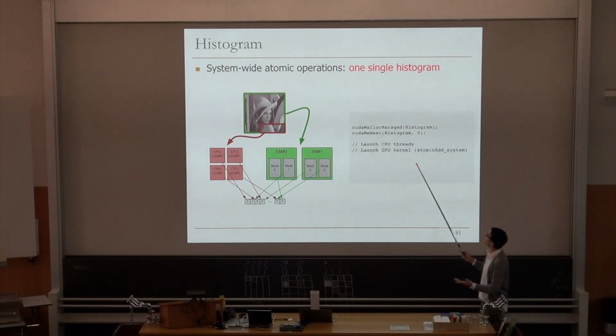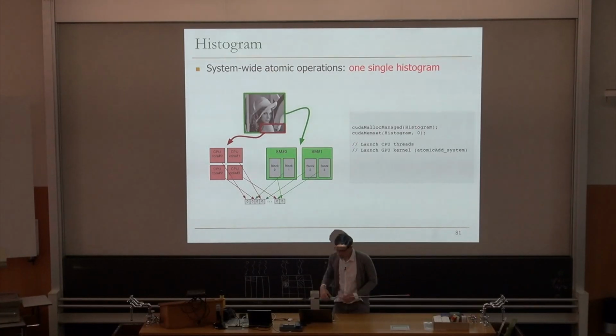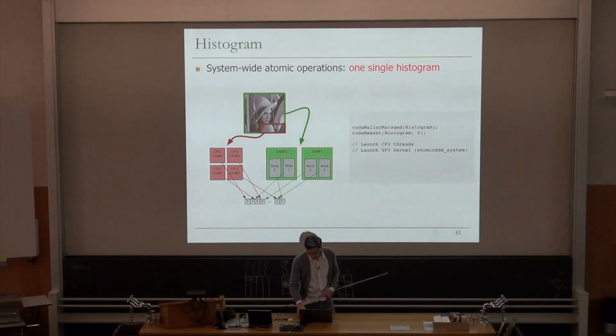With these new features, what we can do is simply this: we allocate the histogram, we reset the histogram, and we launch CPU threads and GPU threads, and they operate, in the case of the GPU kernel using this atomic add system, on the same histogram, and we are done. So this is for histogram computation.